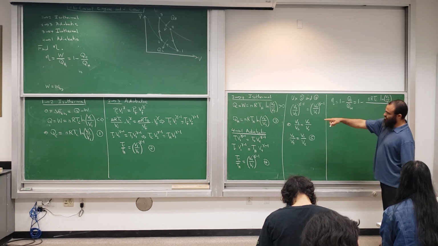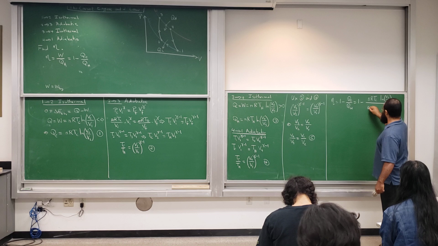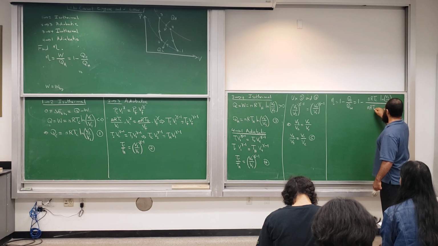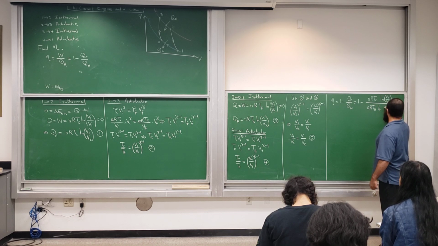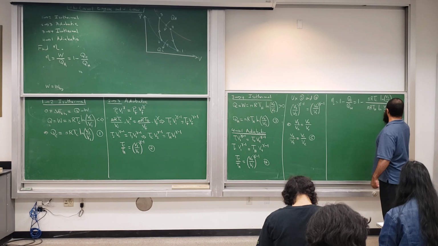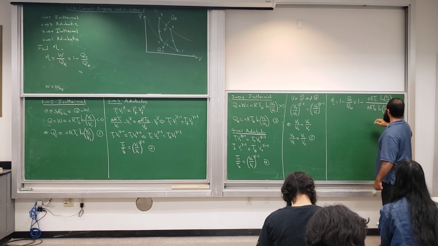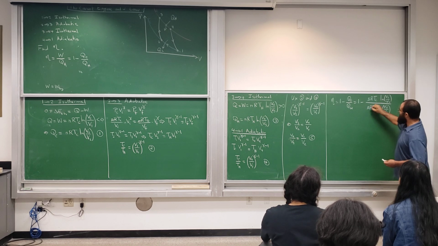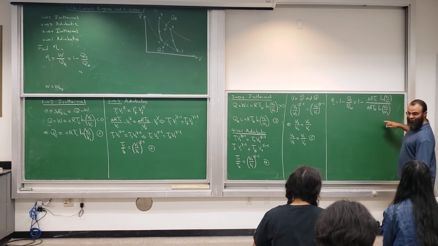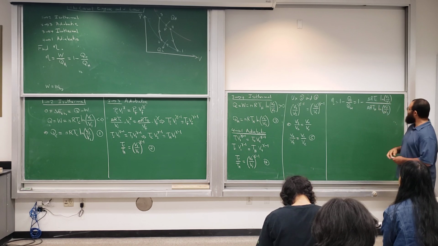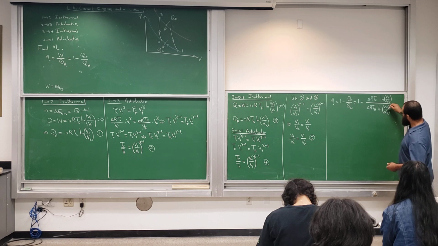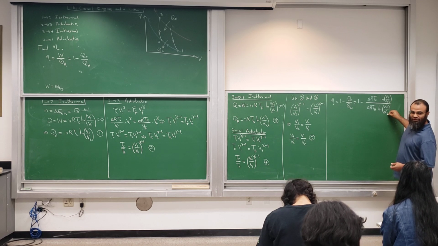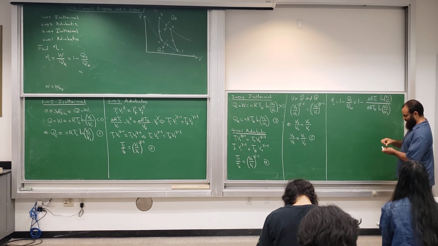QH is in equation 3. So it's N R TH ln of V3 over V4. These would cancel, and then furthermore the logs would cancel, because V1 over V2 is the same as V4 over V3, so their logs are the same.